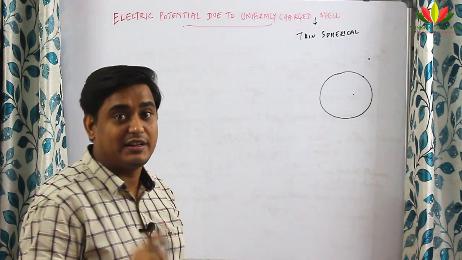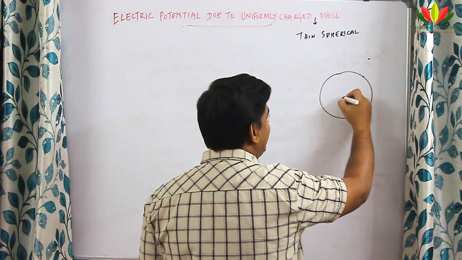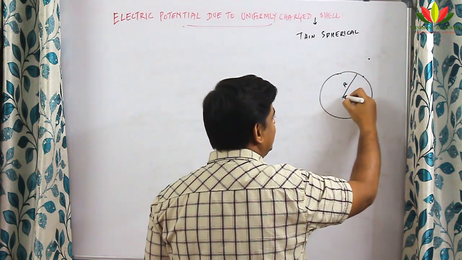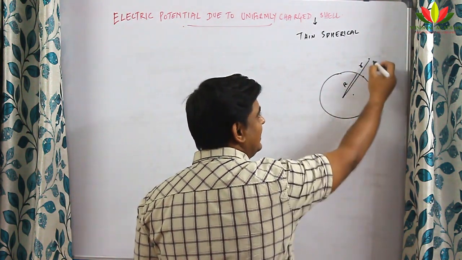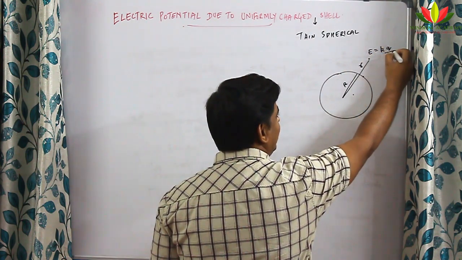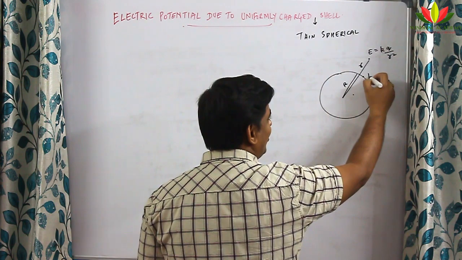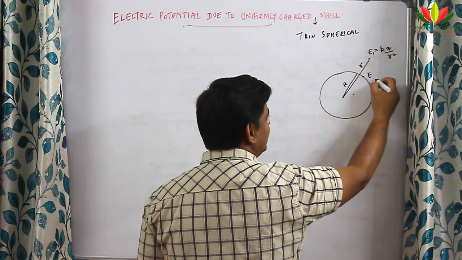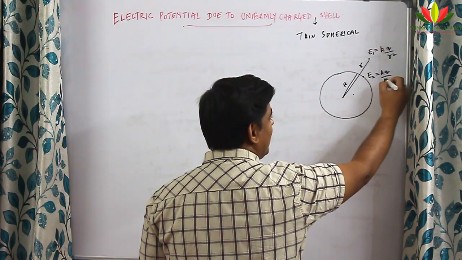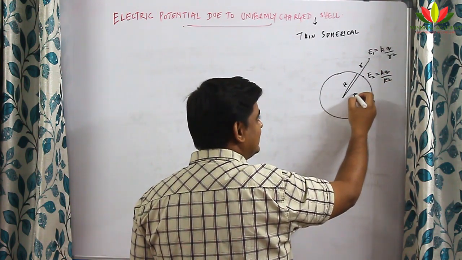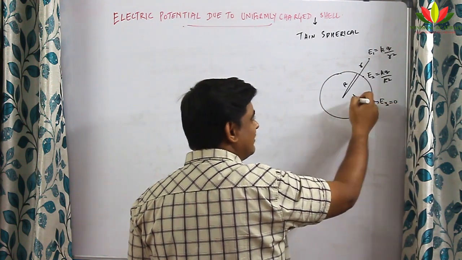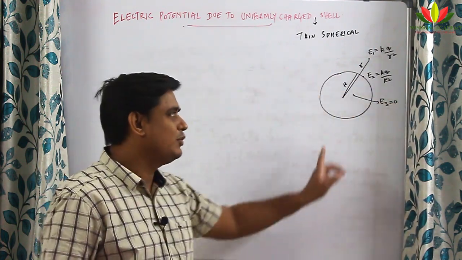If the radius of the sphere is R and the outside point is at a distance r from the center, then the electric field there, E1, was kq by r square. At the surface, E2 was kq by R square. Inside, E3 was 0 because there was no net charge enclosed, so there is no electric field.